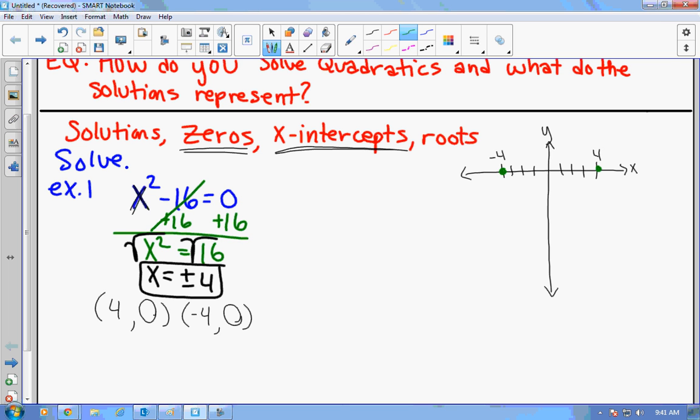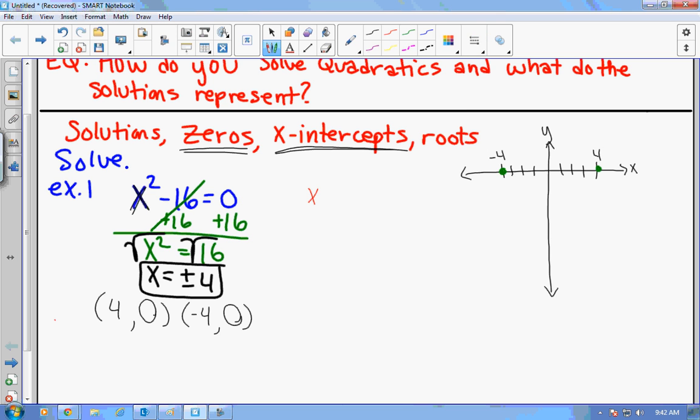Okay, this is an x squared, which means it's a quadratic. So what do quadratic graphs look like? Parabolas. There is a very important point on the parabola that we need to graph. The vertex. And then we use symmetry. Well, there's a few different ways we've learned to get the vertex.